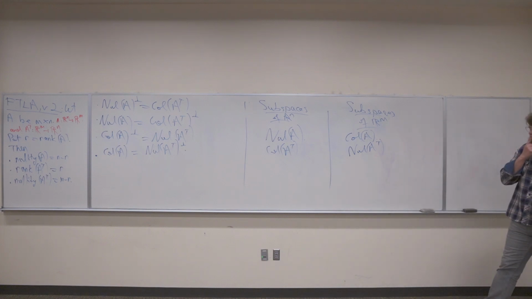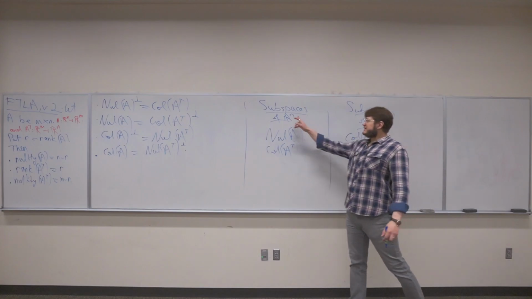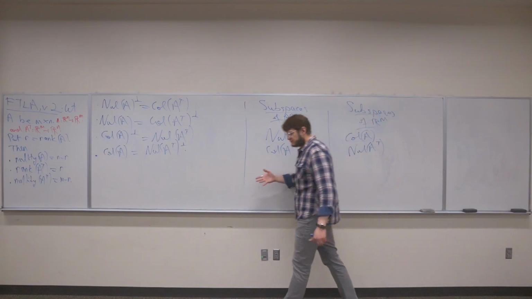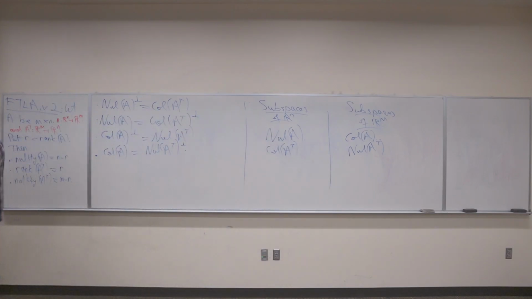Okay, we have these. Now, whenever you have a vector space like this and a subspace of it, when you take the perp of it, the orthogonal complement, is going to be yet another subspace of the same space.